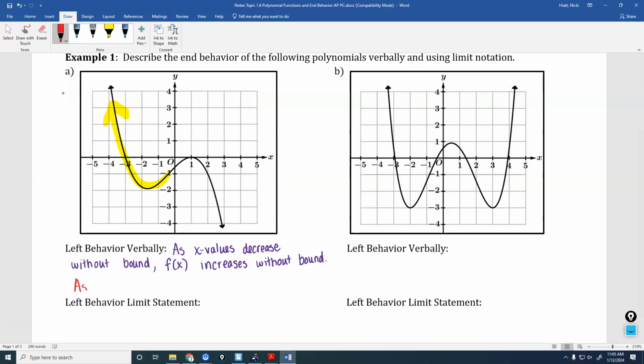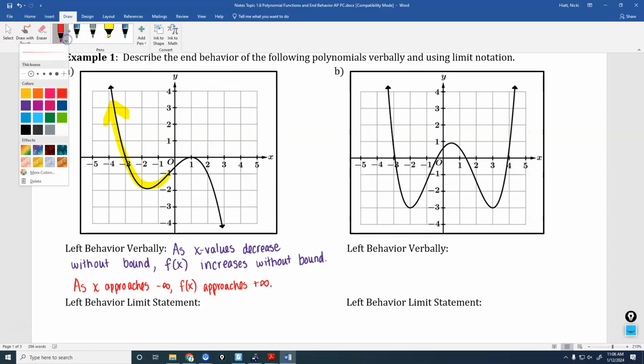We would have said as x approaches negative infinity, f of x approaches positive infinity. You can if you want. They might use that language on a question because it is correct. It's just two different ways of saying the same thing. That first way of writing it is what I have seen in the AP materials, though, that they have given you.